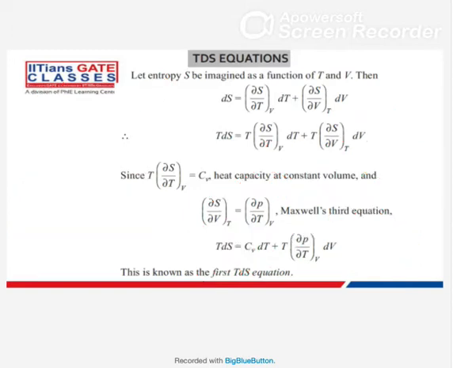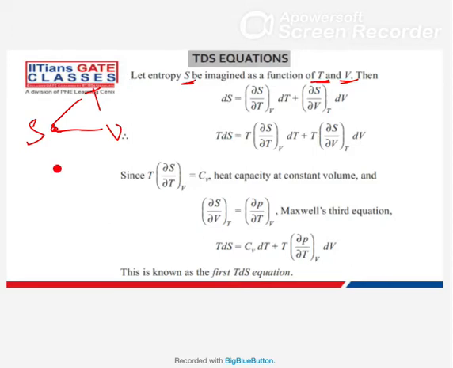Now the next is the TdS equation. To derive this equation, let's consider that entropy is a function of temperature and volume only. We can assume other properties also, entropy as a function of other properties, and then we can derive other TdS equations.